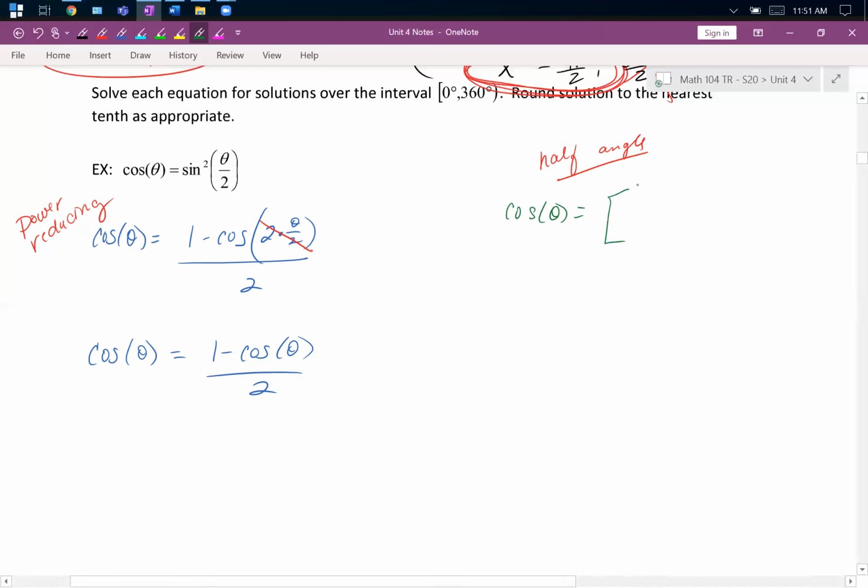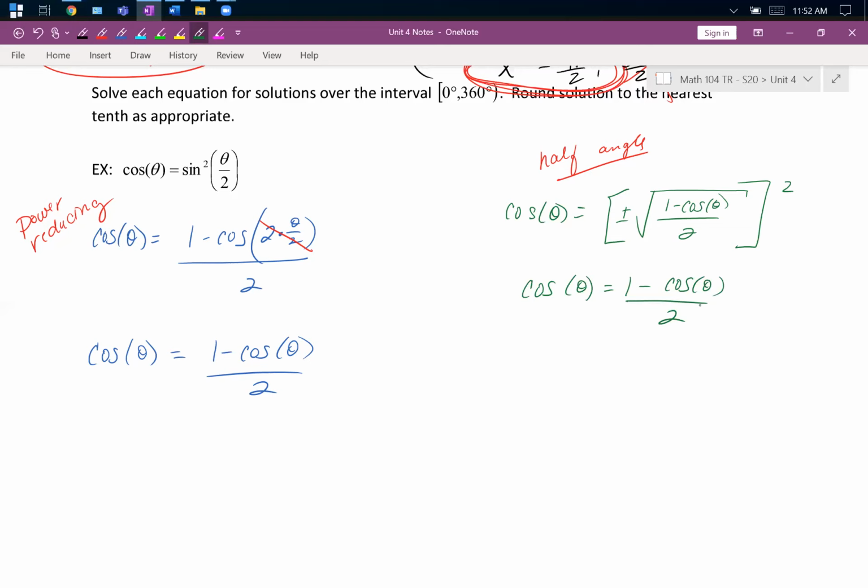So I'm going to use my half angle formula here, and then all that squared. When I actually square the right-hand side, squaring a plus or minus negates it, and squaring the square root, those are going to fall out. You see, I end up with exactly the same thing, whether I use the power reducing formula or a half angle formula in the beginning. So either one, both great.